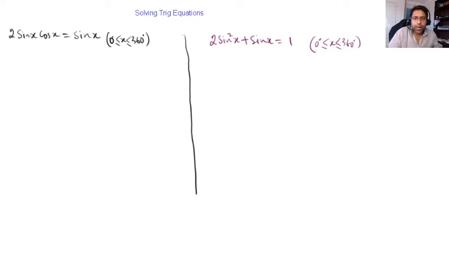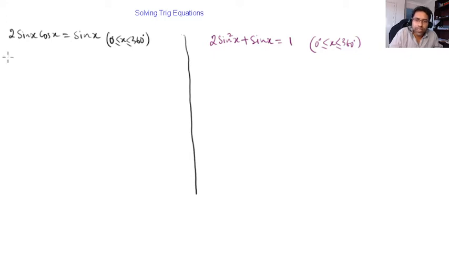What we can do, you might think, okay, what if you just divide by sine x on both sides, then we get only 2 cos x equal to 1. But you see, sine x is a function, so don't just divide like that.